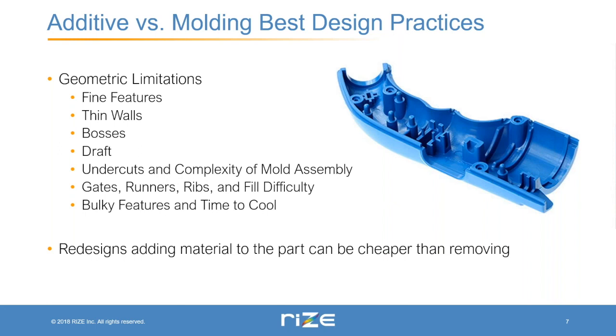But there is a special case where, when redesigning a part that is only adding material to the prior design, it's sometimes possible to continue using the same mold and just machine out the additional region that needs to be filled. And in this way, it can be much cheaper than if you were to be removing material, which would require you to go all the way back to the first step.